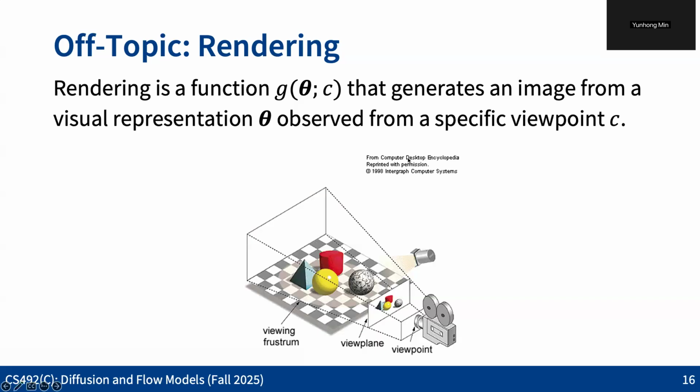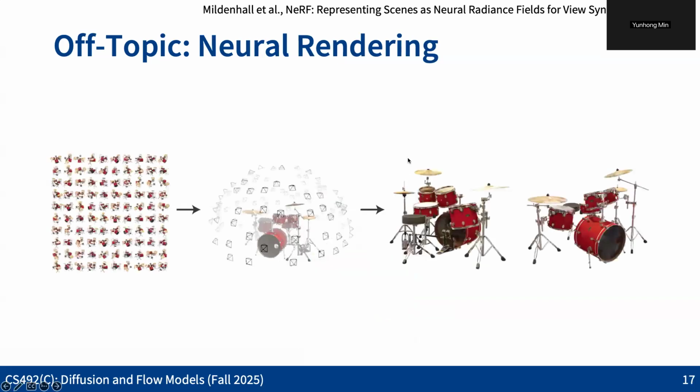And as a bit of an off-topic, I'd like to briefly introduce the idea of neural rendering. How many of you are familiar with neural rendering? Heard about this? Yeah. This is also a quite interesting idea that has been quite popular in graphics and vision, but you don't need to know any details.